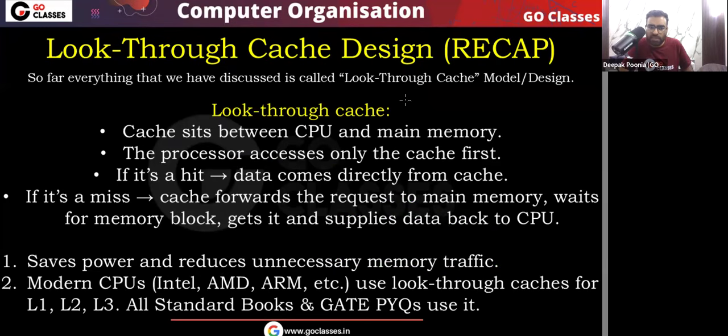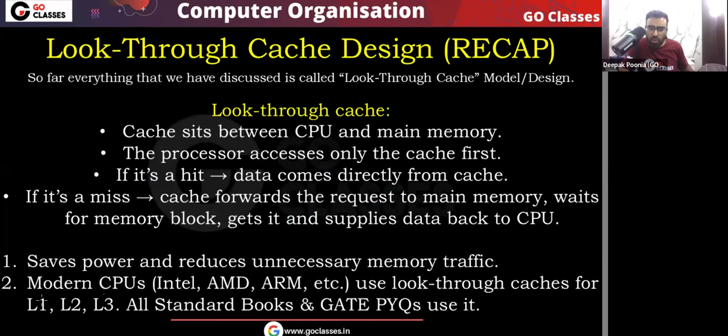Because we always access the cache memory first, and if there is a cache hit, then we never access the main memory, the main memory traffic is reduced. So it will save power, and it will reduce the unnecessary main memory traffic.